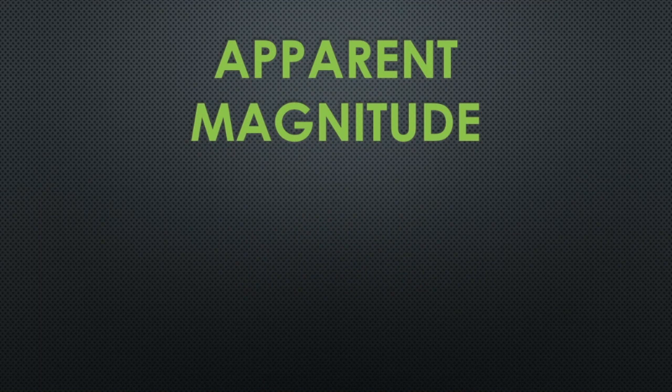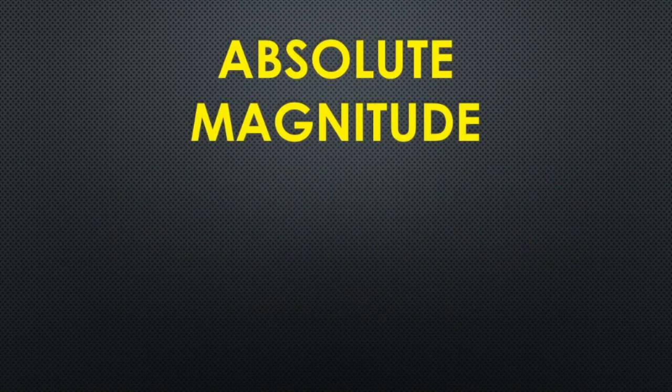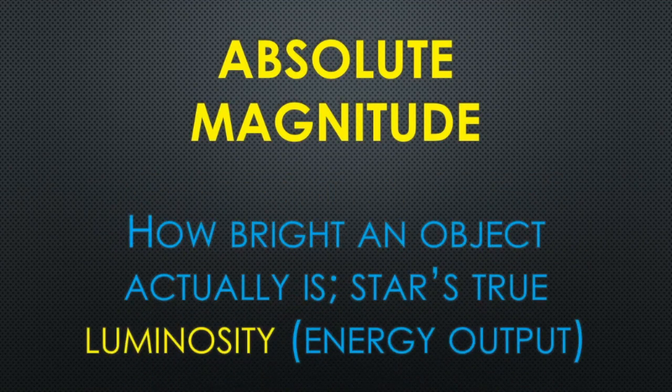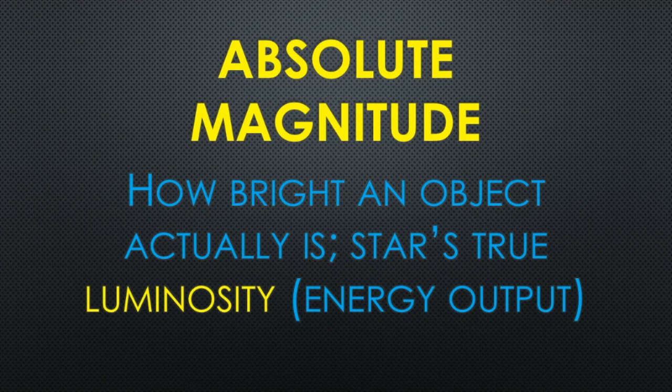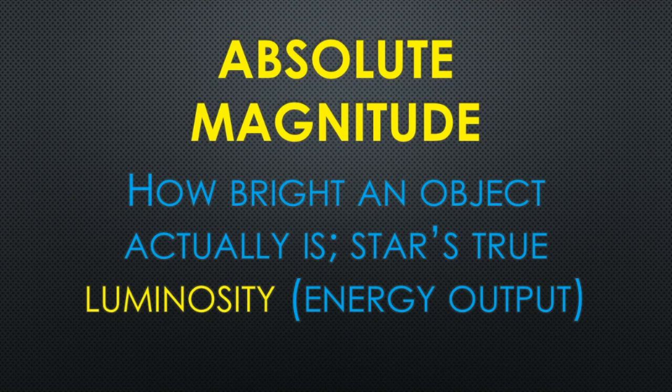Apparent magnitude, by definition, is how bright an object appears to be as viewed from Earth. That's different than absolute magnitude. Absolute magnitude is the actual energy output, the true luminosity of a star. So how bright an object actually is. So scientists said, let's say everything were a certain distance from Earth and then compare them. That's how they get the absolute magnitude.